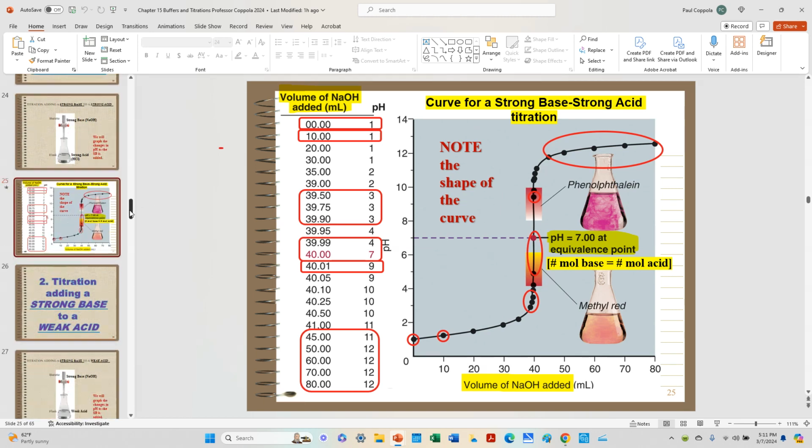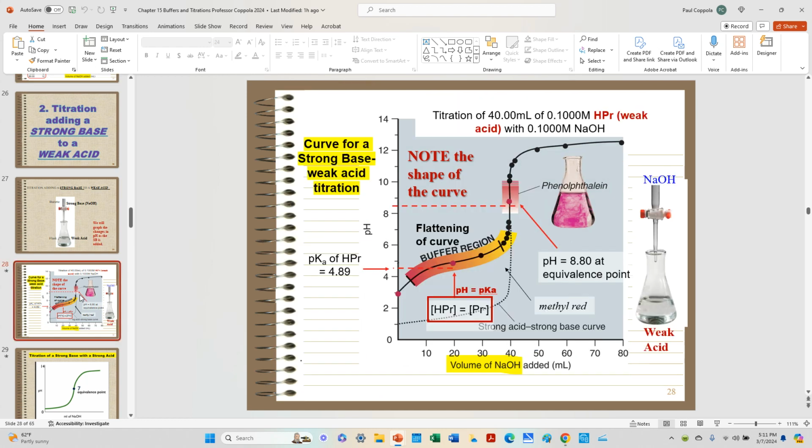On the other hand, what happens when I graph a strong base with a weak acid? So now the curve looks like this. Now, one of the ways you can recognize this, look where the pH is before you add any base. Okay, so it's definitely a weak acid.